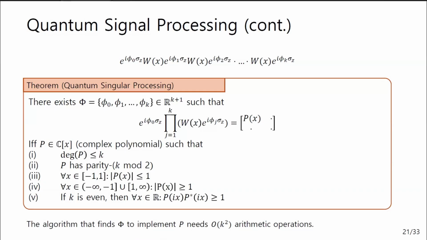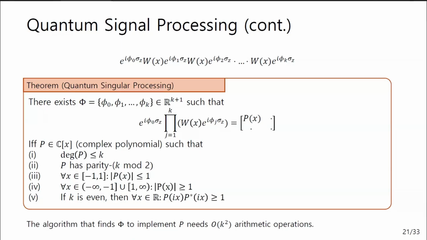I want to explain the quantum signal processing theorem. This theorem says that there exists a set of angles phi 0, phi 1 to phi k, such that this alternating multiplication of the rotation Z gate and the Wx gate can make a polynomial block encoding unitary, if and only if the degree of P is less than or equal to k, and P has parity k modulo 2.